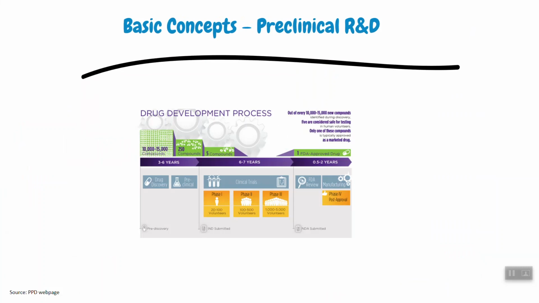The drug development process starts with drug discovery, where you're trying to find the compounds in your list after several tests, and you come to the preclinical phase, where you have a short list of compounds. In the preclinical phases, you typically run in vitro and in vivo studies in animals.